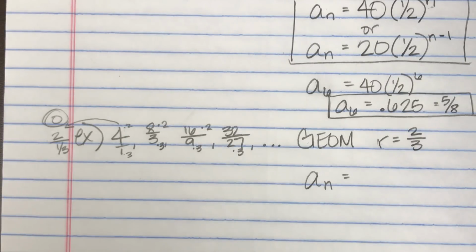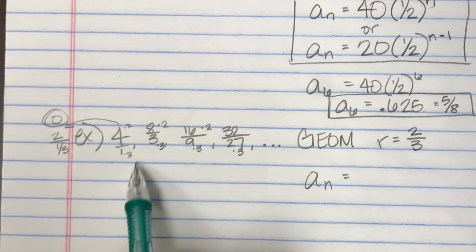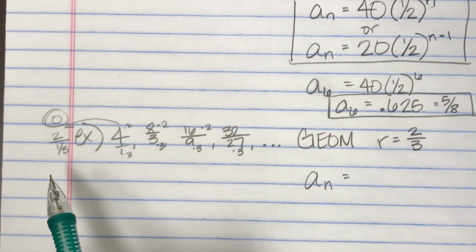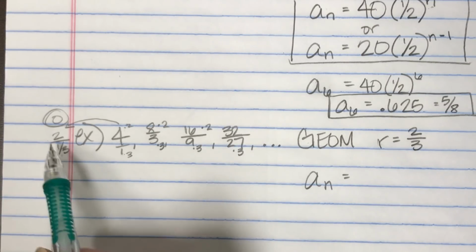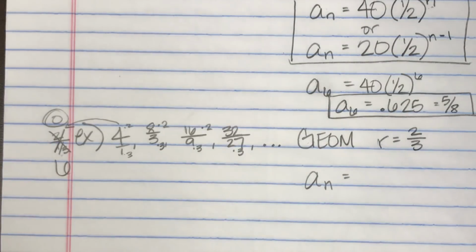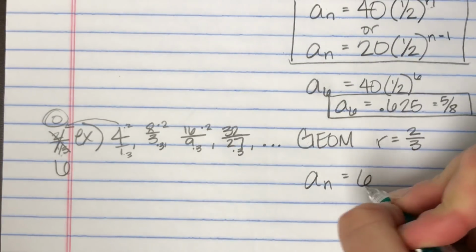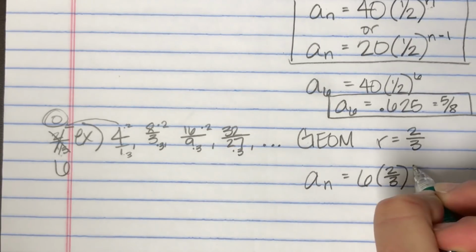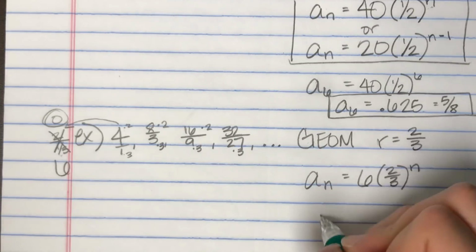We don't like fractions within fractions. You can put it in the calculator if you want. You can do 4 divided by 2/3 instead of 4 times 2/3. But basically, how many thirds fit into 2 whole? It's 6. So my y-intercept is 6 times my common ratio, which is 2/3, raised to the n.